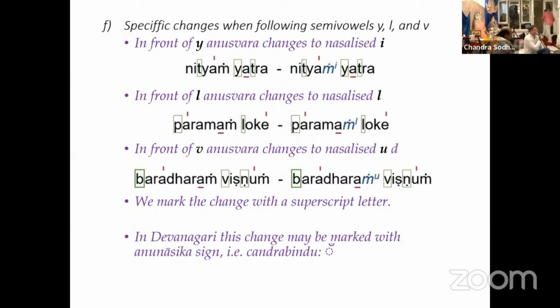If you can see this example above, it is nityam yatra. You see that the anusvara is before yatra. So we need to nasalize this anusvara more when pronouncing nityan yatra. Okay, nityan yatra, right? The same when we have m before l. Anusvara before l: paramamloke, paramalloke, right?